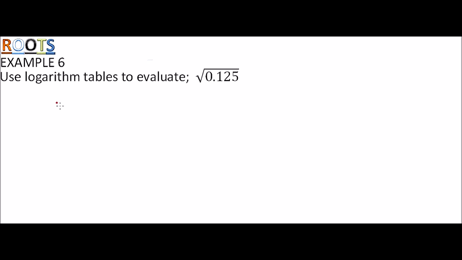So here we are supposed to get the square root of 0.125. So we can do it in another different way using a table this time. So we make a table. This is the number, this is the log, then we want to get the square root of 0.125.